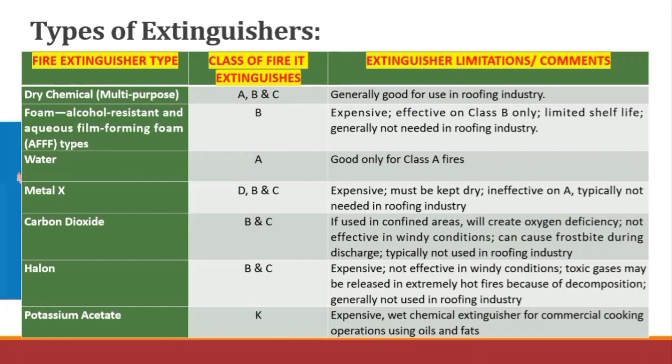Okay, it enumerates herein the fire extinguisher type that you can make use of for the classes of fire, and the second column states what are those classes of fire that a fire extinguisher is efficient on. And the third column discusses the limitations and overview pertaining to the use of fire extinguishers towards the classes of fire.